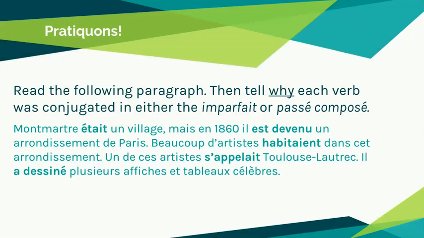Pratiquons. Let's practice a little bit. Read the following paragraph and then tell why each verb, which is in bold, was conjugated in either imparfait or passé composé. So you can use the notes that you've taken to help you figure out which of those rules applies to that specific verb.